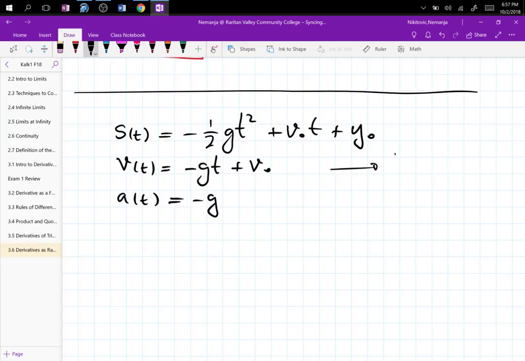Also, speed is the absolute value of velocity. So if you get negative 3, it's 3. Your speedometer always shows positive values, whether you're going forward or backwards. Going forward could be considered positive, and going backwards is considered negative velocity, because your direction has changed. However, the speedometer will always show positive values.